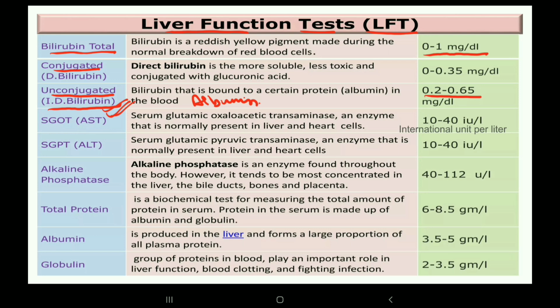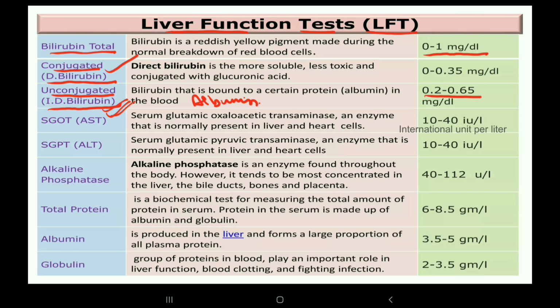This water soluble form of bilirubin is called conjugated bilirubin or direct bilirubin. This conjugated bilirubin is added to bile so that it can be released in the intestine and then excreted out. So, an abnormal level of bilirubin means there is a liver disorder.